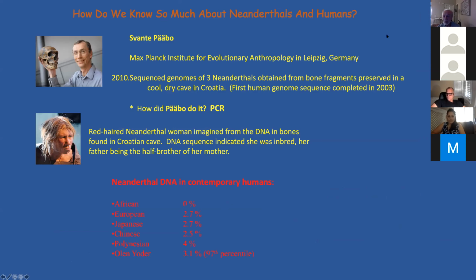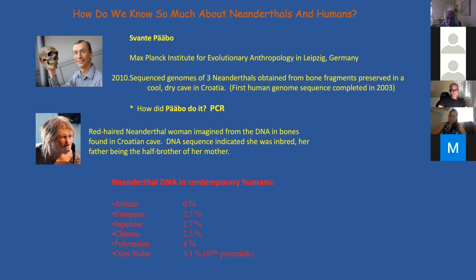So how do we know so much about the Neanderthals and humans? Primarily one man named Svante Pääbo. He's at the Max Planck Institute for Evolutionary Anthropology in Leipzig. In 2010, he sequenced the genomes of 3 Neanderthals.